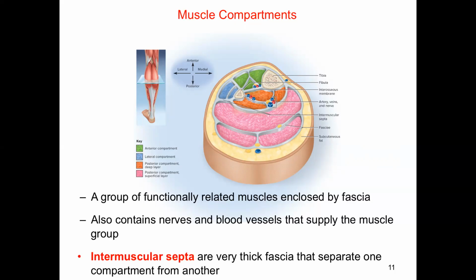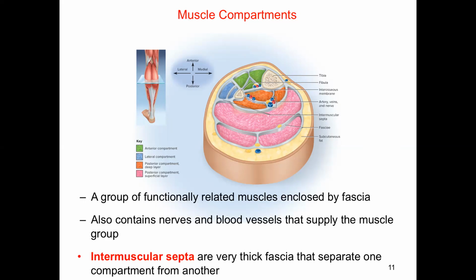And different muscle compartments, or the fascia between them, are separated by what's called an intramuscular septa, which is really thick fascia that's separating different compartments. And that's what this diagram is trying to show you. So you can see there's different compartments in different colors here, and you can see that they're separated, all right, just so that you can understand how these work. Because, as we'll see, different muscles work together or against each other, all right?